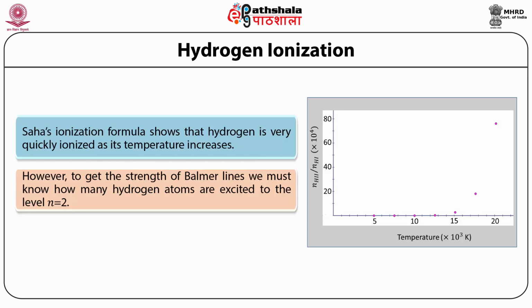To get the strength of hydrogen lines in the visible region of the spectrum, we must get the ratio of the excited hydrogen atoms to the total number of hydrogen atoms, because if the atom is not in an appropriate excited state, it will not be able to absorb radiation corresponding to the Balmer and other series.